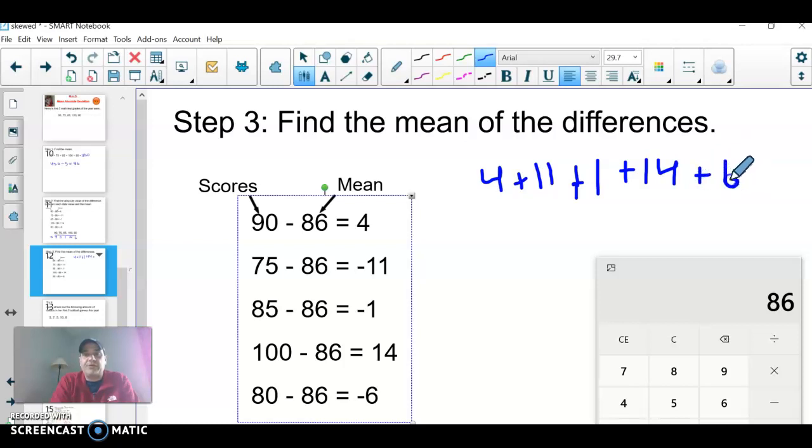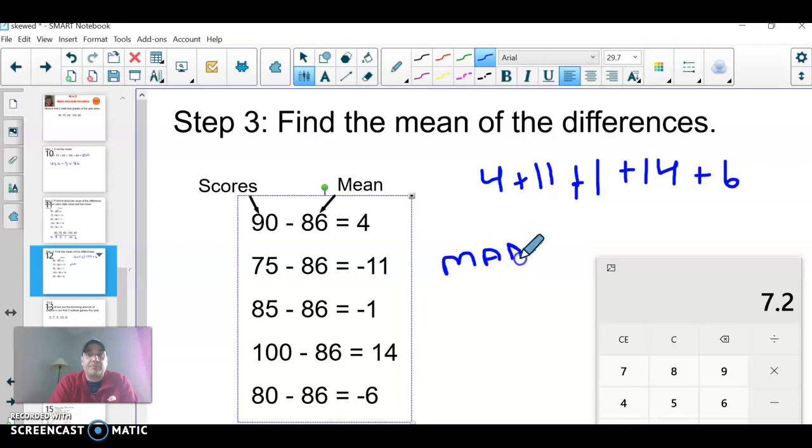I'm not going to use a calculator for this one. I'm going to do it mentally. So I've got 20, 21, 32, 36. 36 divided by 5 comes out to be a new mean, which is now my MAD, of 7.2.